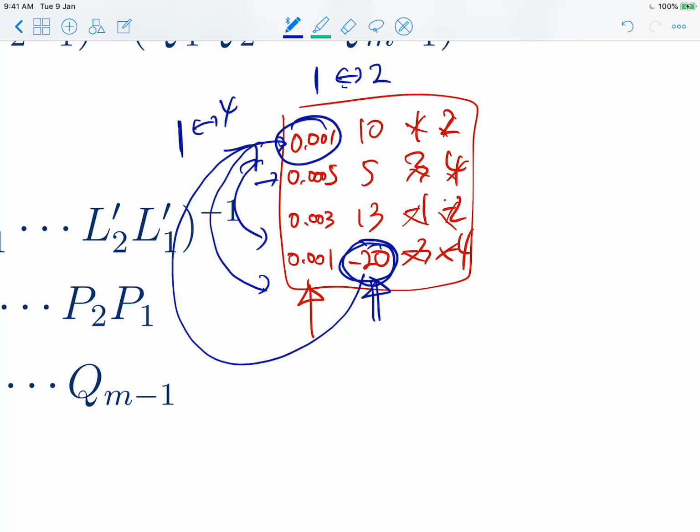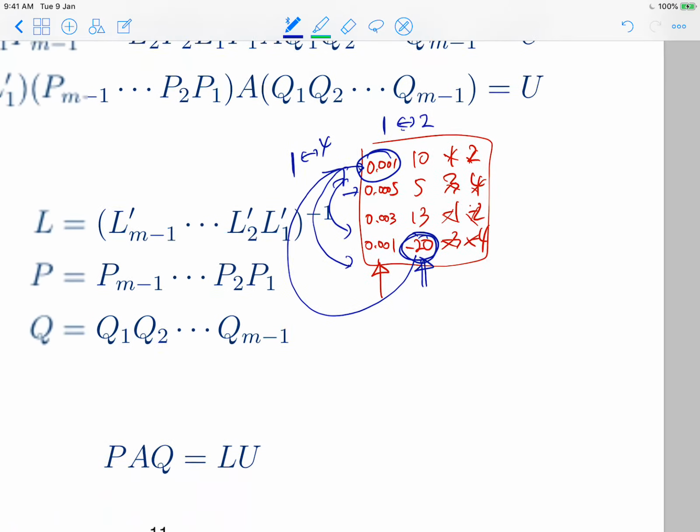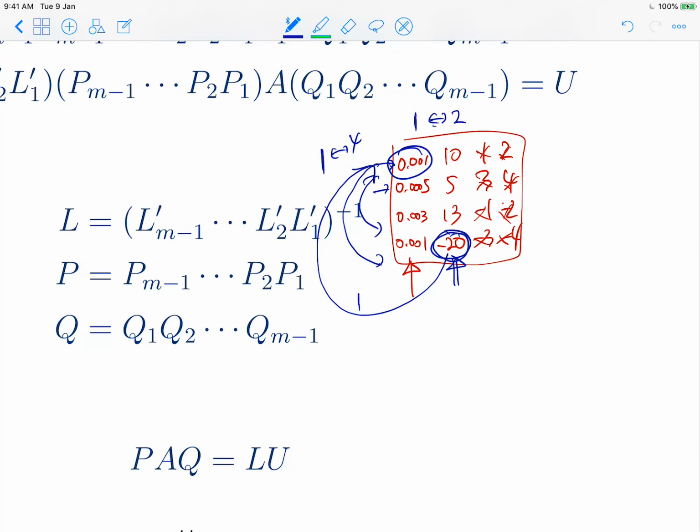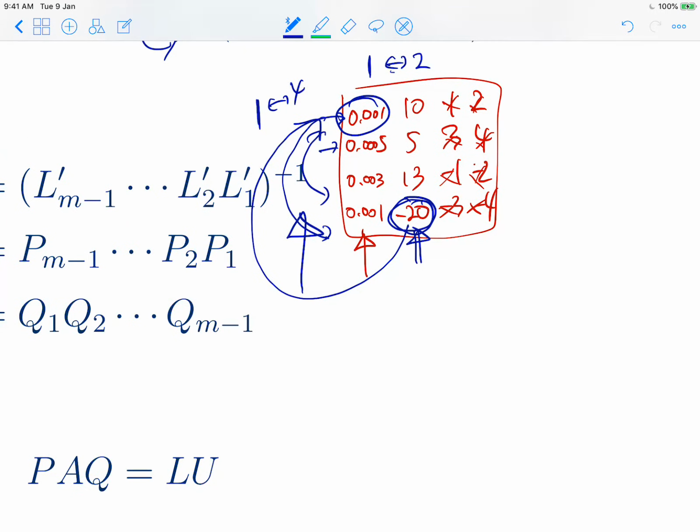And what will be the corresponding permutation matrix that we apply to this original matrix A? In the case of the row permutation that is applied on the left, let's represent it as P.